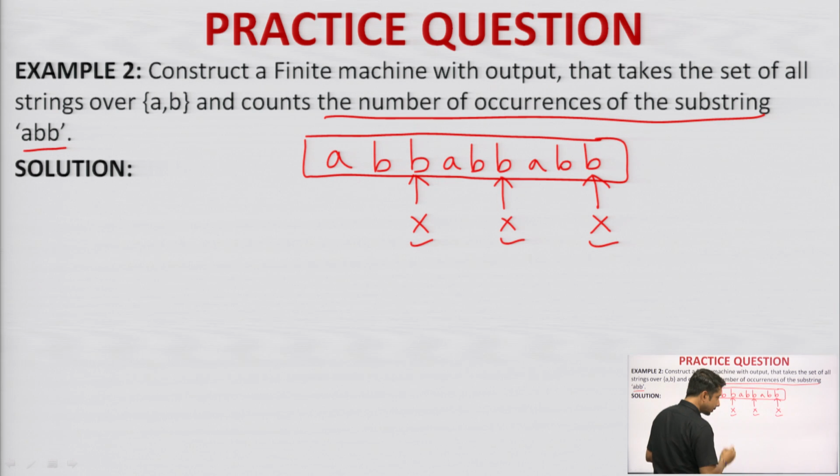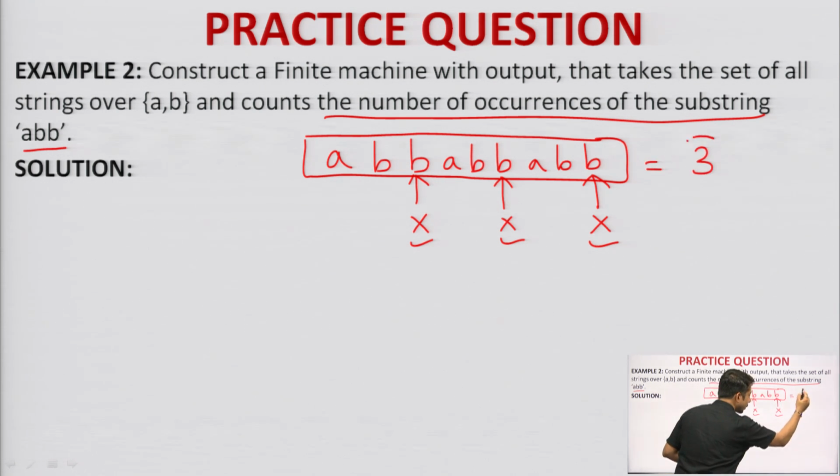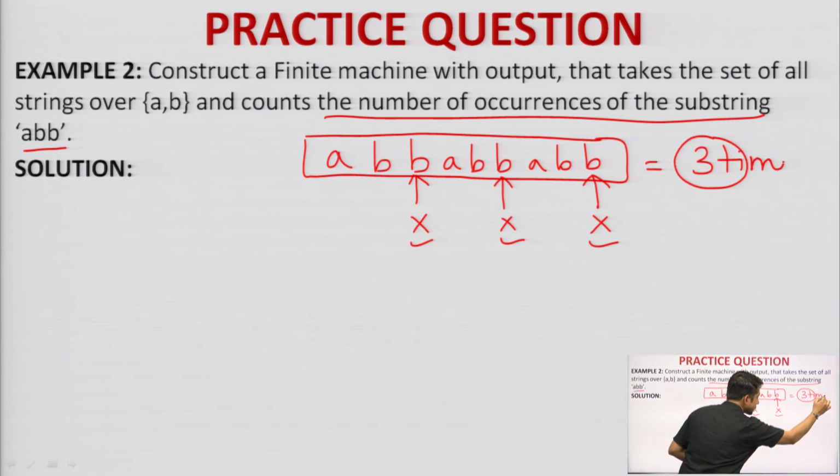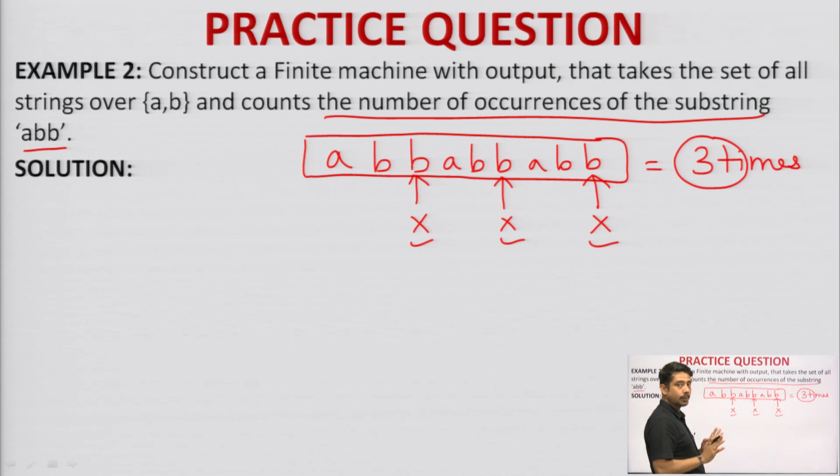How many times did you get the x output? 3 times, therefore, a b b occurs 3 times. So, this is how you need to design. I hope you have understood it. See, whenever you get a sequence of a b b, whenever the last b ends, whatever the state, it should produce the output x, otherwise it should produce y.